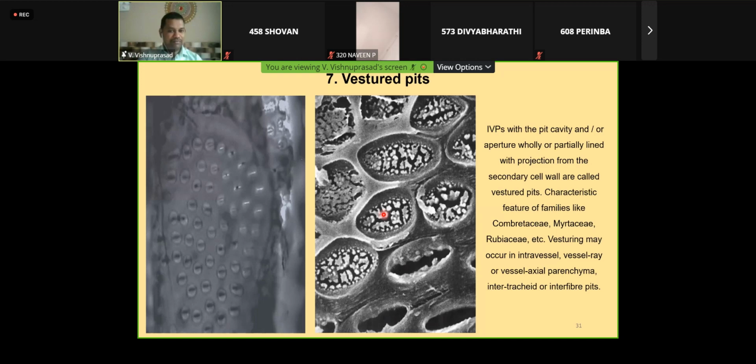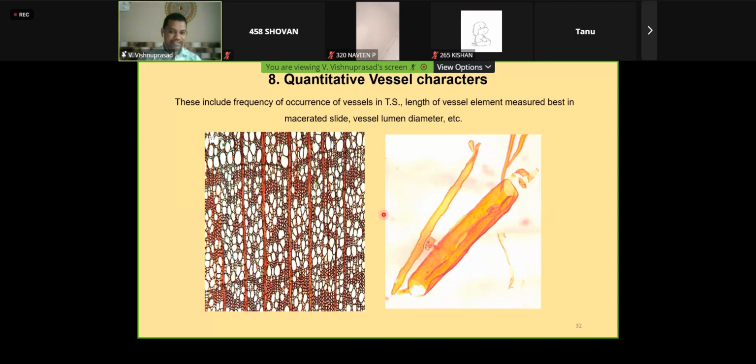Then when it comes to vessels in the wood, you take the macerated slide and quantitatively measure a lot of features. For example, you can measure the entire length of the vessel. You can measure the diameter of the vessel, like I take randomly 25 readings per slide and measure the diameter.